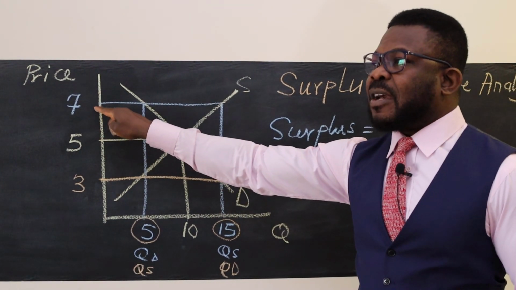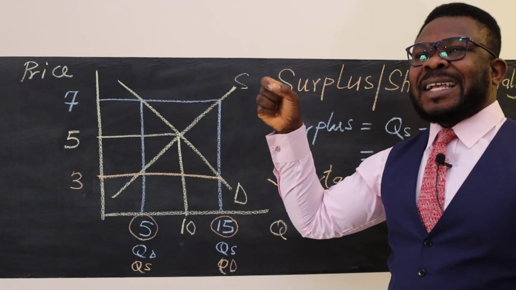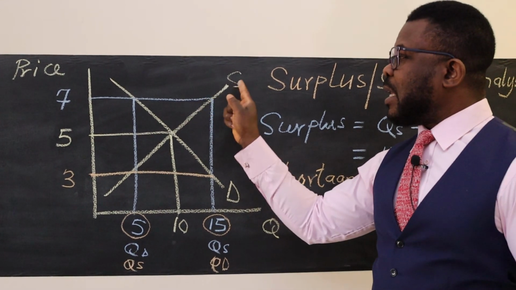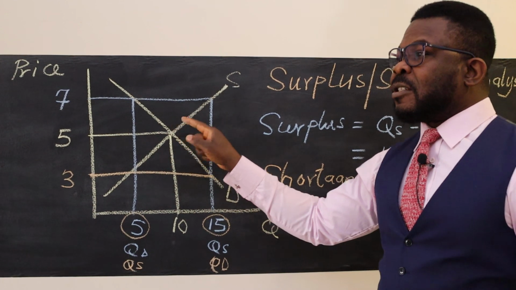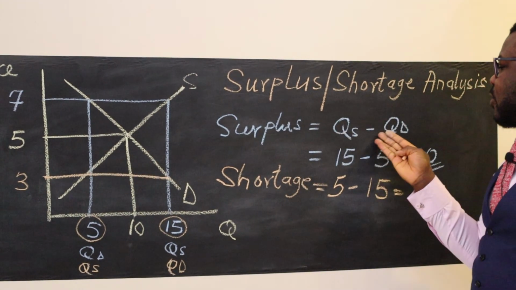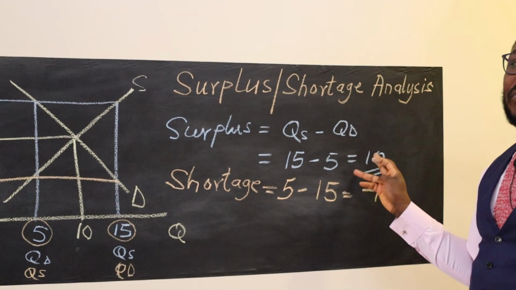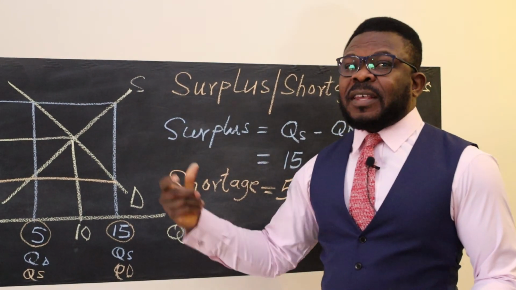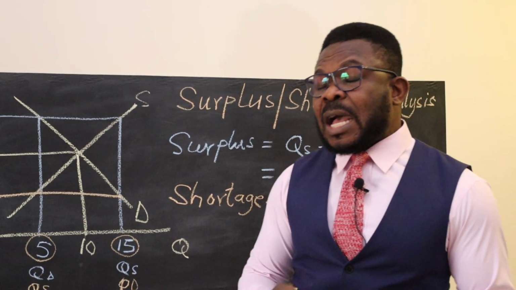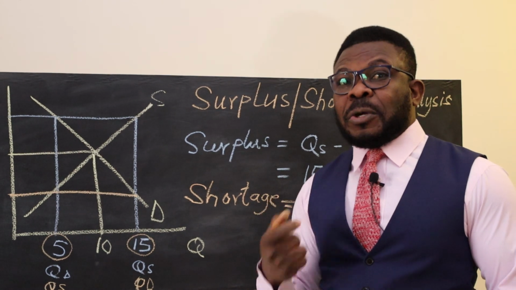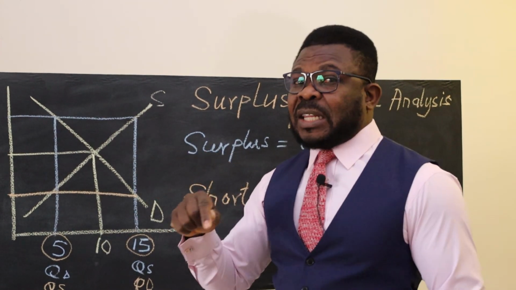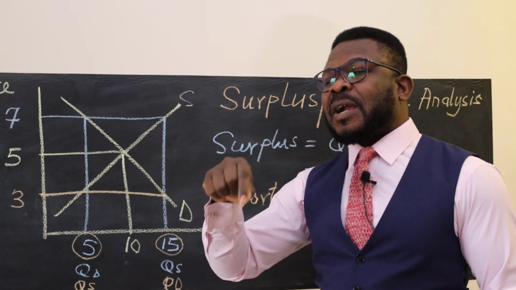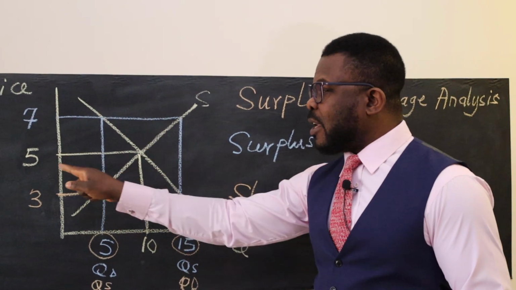Any price above 5 is going to lead to excess supply, because supply is likely to be higher than the demand. So you do your QS minus QD, and in the first example we had 10.